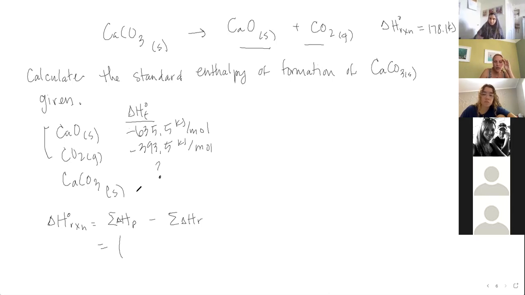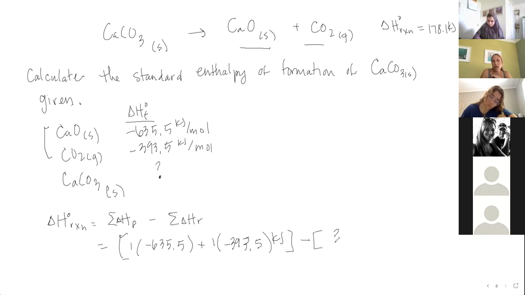That's my fault. So the summation of the change in enthalpy of formation of our products is going to be, calcium oxide and carbon dioxide are our products, so this is going to be 1 times negative 635.5 plus 1 times negative 393.5. These are in kilojoules. And then minus my reactants, which I am trying to figure out.